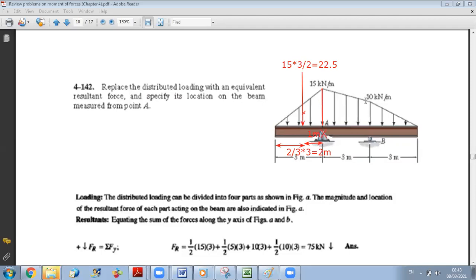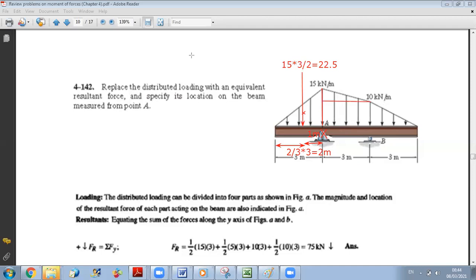Okay, let us move to the second one. Here you have a trapezoid. So whenever you have a trapezoid, you can do two things. Either you should remember the formulas for the centroid of a trapezoid and area of a trapezoid, or what I find easier is to divide your trapezoid into two parts: a triangular part and a rectangular part. Okay?